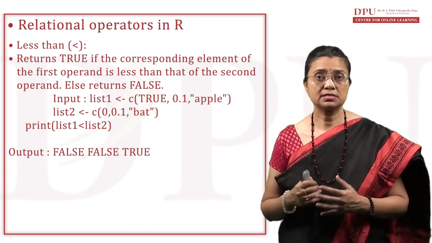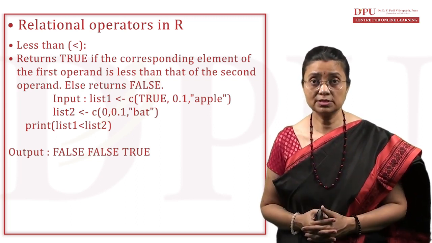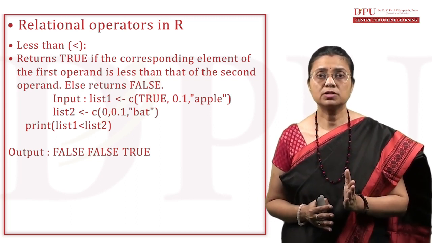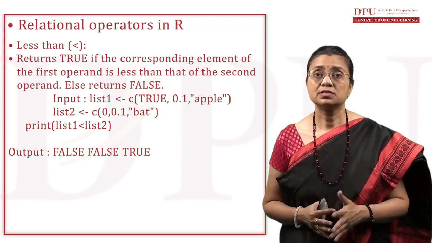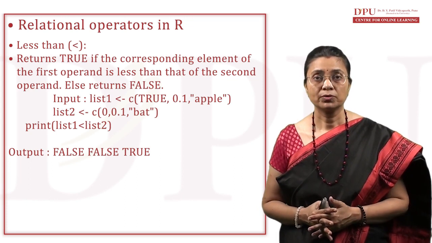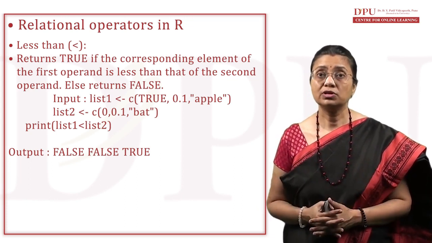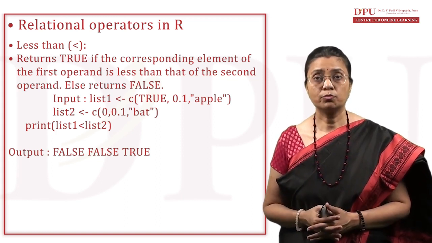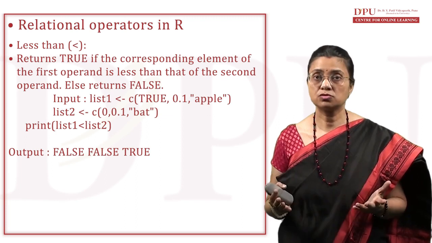In this case, list 1 will be compared with list 2 element by element at each position. True will be compared with 0. Since true is greater than 0, we get the output false, because the condition true is less than 0 is not right.